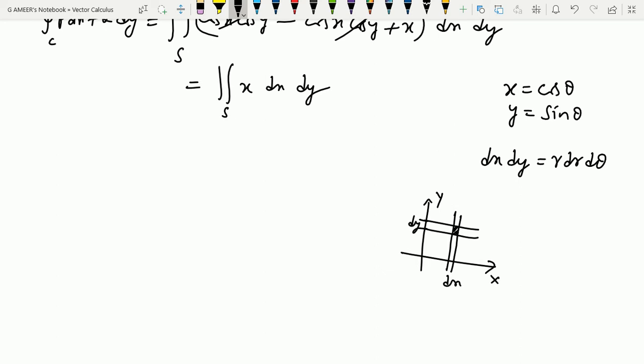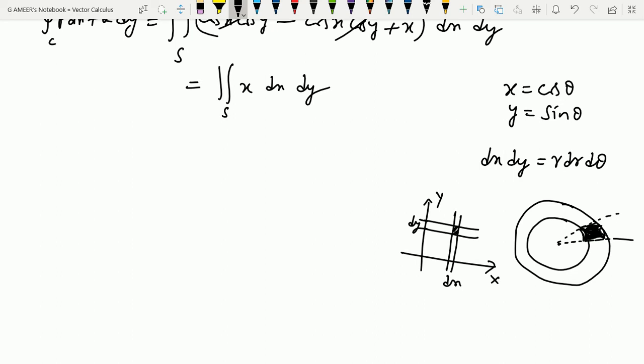So in the circular region, we have this region.